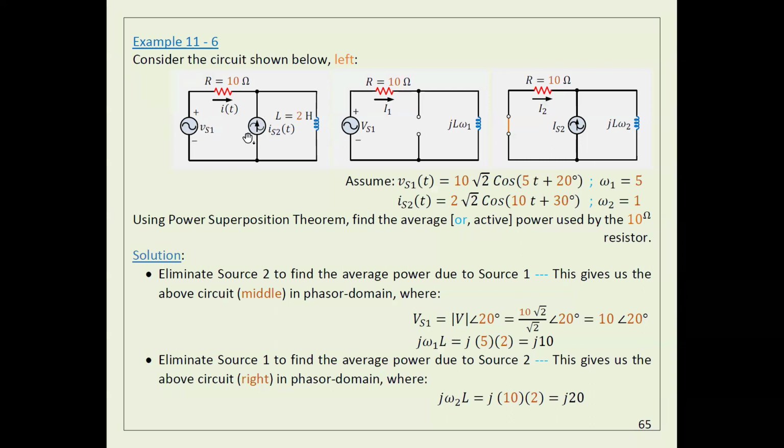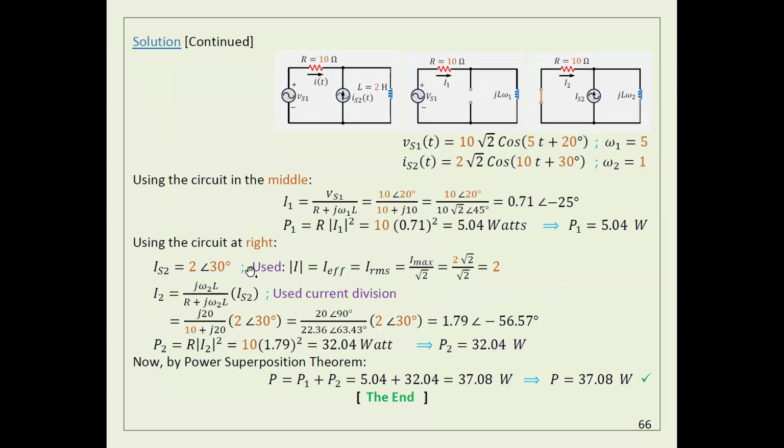I can cancel this current source because it has to be off, and then calculate how much power we have here. Then with the current source, I make the voltage source a short circuit, and calculate how much power I have here. Then I add the average powers together, and this way you get the total average power. Any questions here?